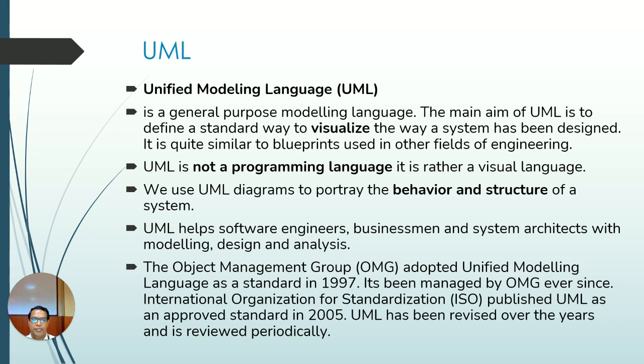It was developed by the Object Management Group, otherwise called the OMG, which is the body that gives the final go for the product. It is managed by the OMG, and several versions of UML have come so far. What we are going to learn in the classes to come is the most recent version.